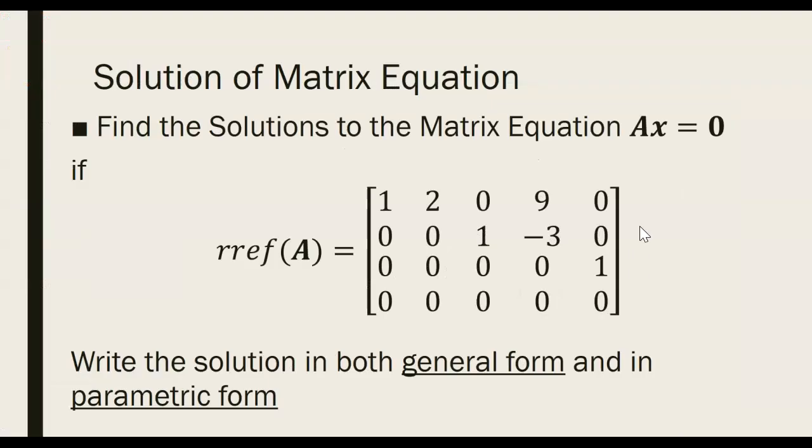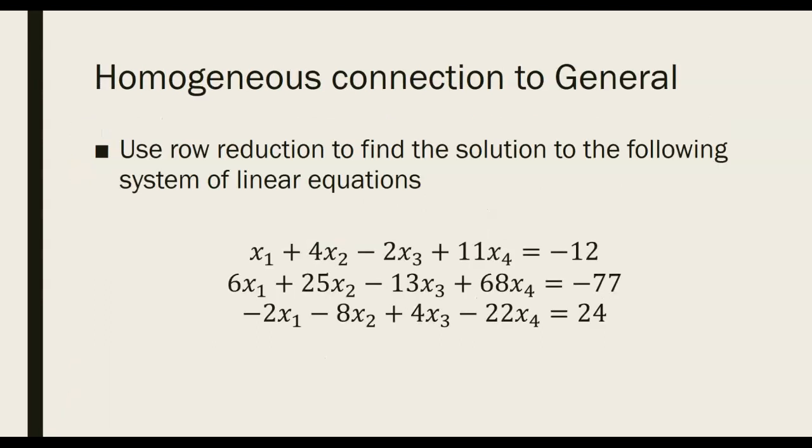So hopefully that gives you a general idea of both the homogeneous systems and how to write solutions in parametric form. Now, the reason we're looking at homogeneous systems is because they have a connection to the general solution.